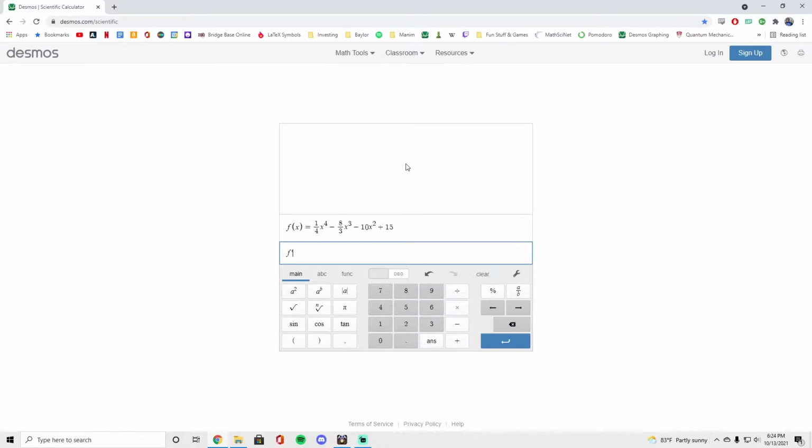We want to find f prime of minus 3. We want to find f prime of, what was the number I said? Minus 1. We want to find f prime of positive 1, and we want to find f prime of 20. So let me write down these numbers right quick.